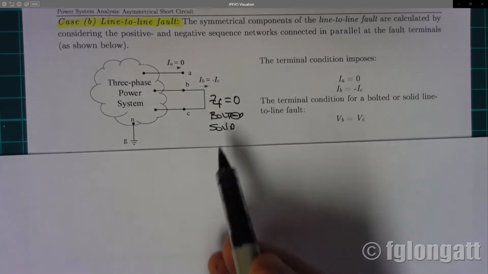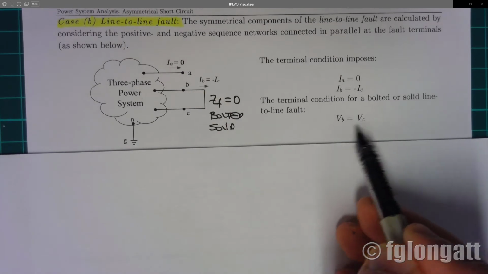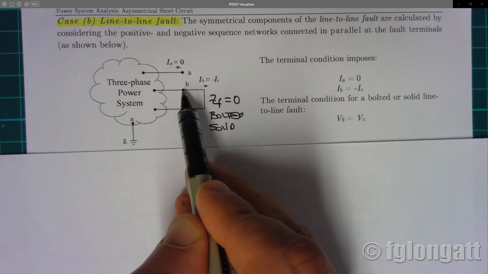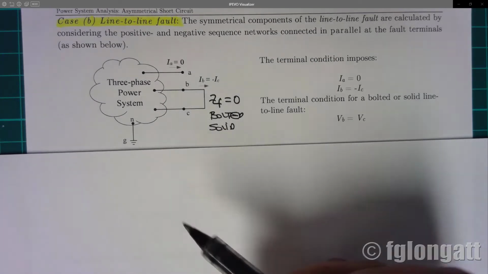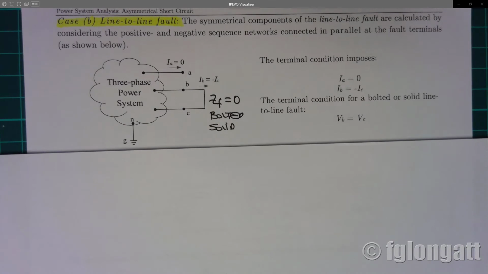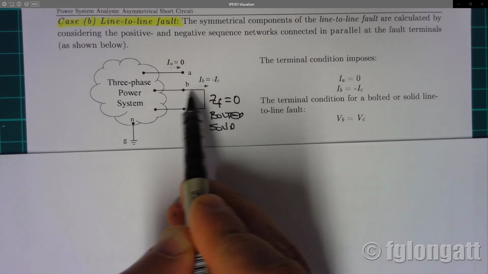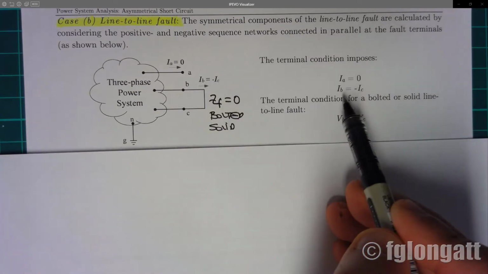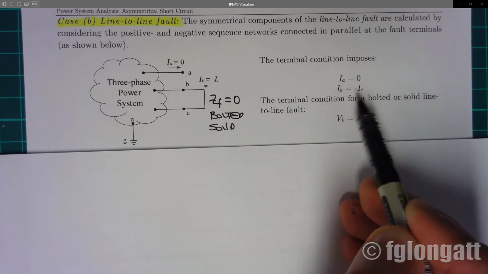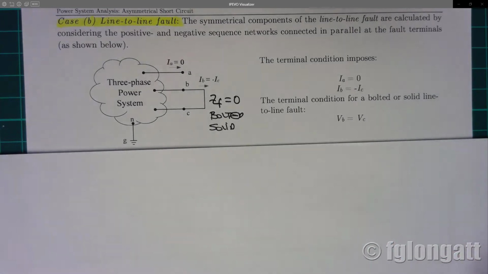But if we use a voltage fault, the terminal condition is that the voltage B is equal to the voltage C. And finally, the third terminal condition is that the current here is equal to minus the current going here. What I'm telling you is that the current B is equal to minus current C. And that is the third important terminal condition, okay?